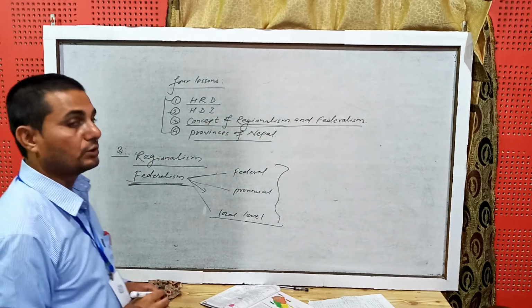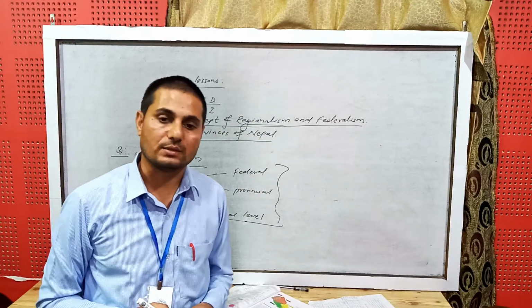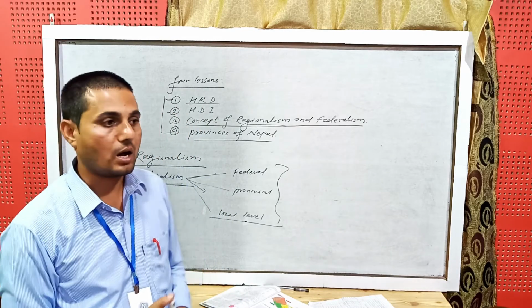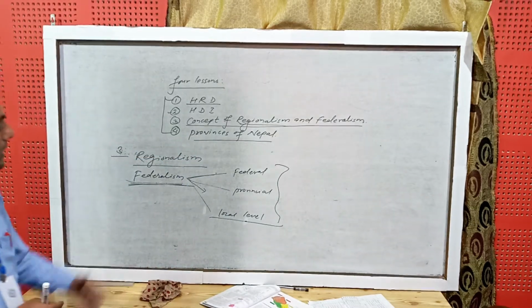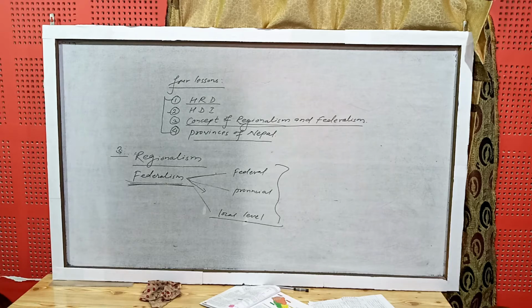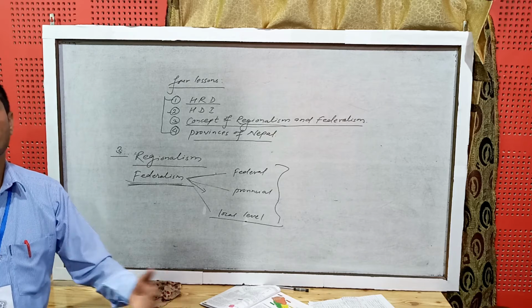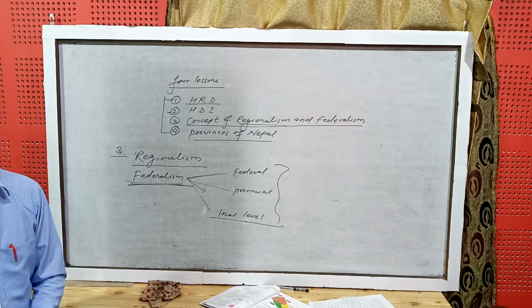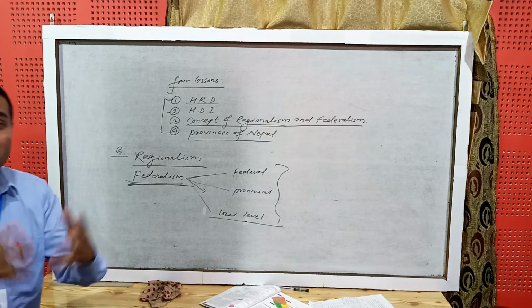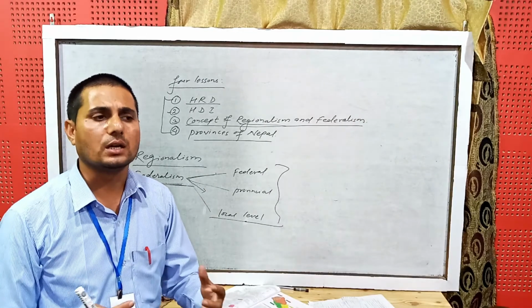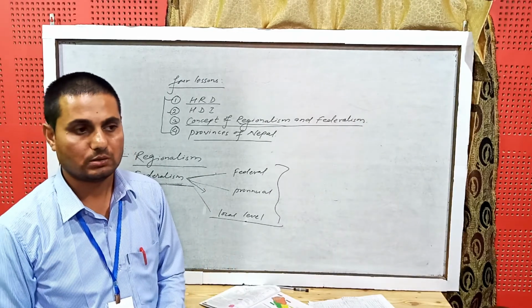Okay, and there are many more advantages and disadvantages of federalism too. Like our country Nepal, federalism may not be suited because it is small in area. It is economically a poor country.